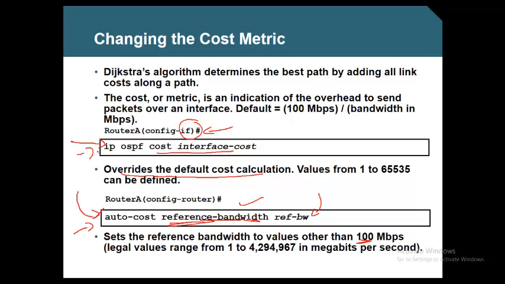Auto cost reference bandwidth is 100 by default, but if you're working on a gig Ethernet environment, don't forget to change the reference bandwidth at least to 1000. And if you're using 10 gig interfaces, then you need to increase to 10,000.